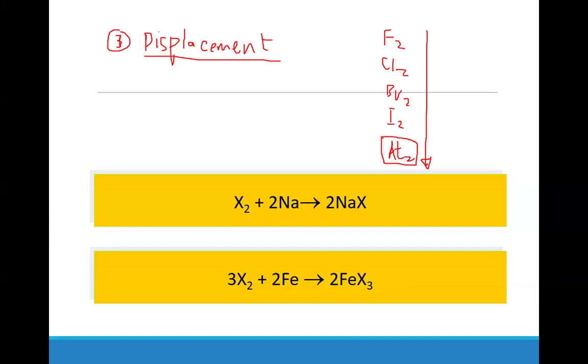But the positive charge is increasing. सही है? अच्छा नहीं, sorry.